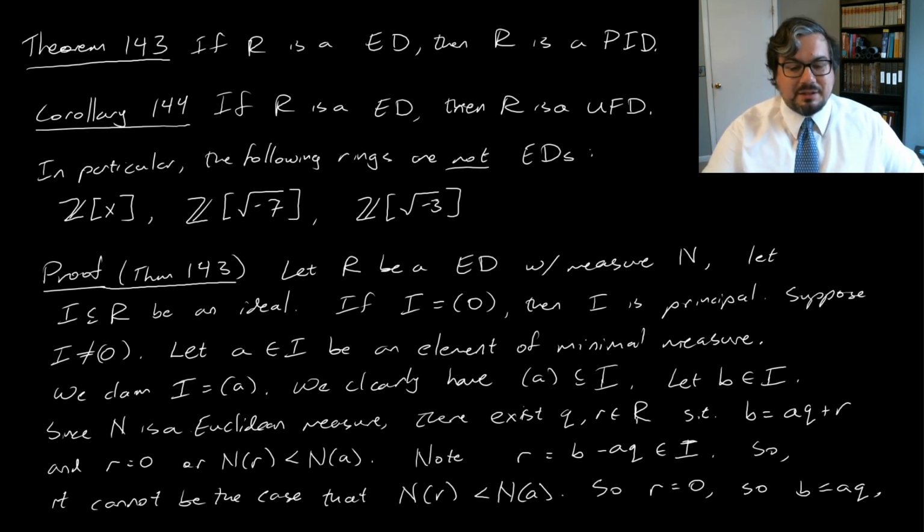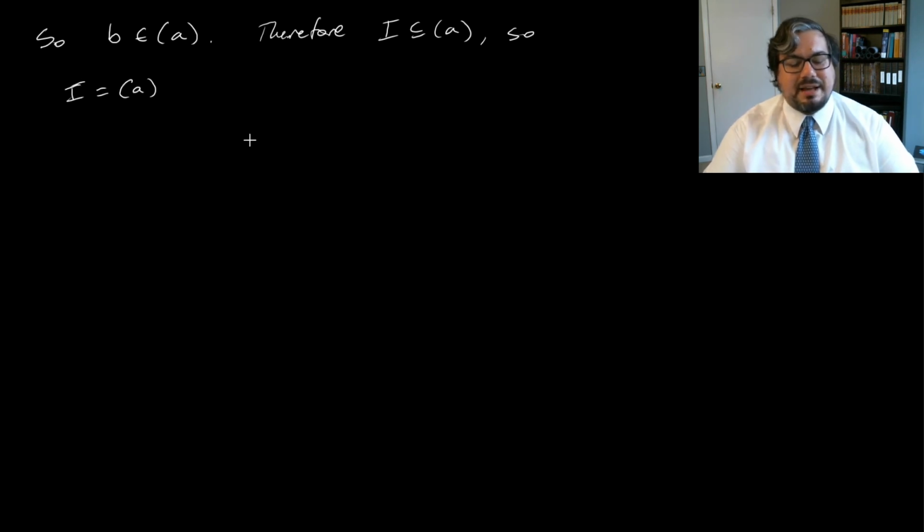And I'm going to have to write the conclusion on the next page. Since B is equal to AQ, B is contained in the ideal generated by A. Therefore, since this holds for any B in I, this tells us that I is contained in the ideal generated by A, and so I is equal to the ideal generated by A. Hence, R is a principal ideal domain.